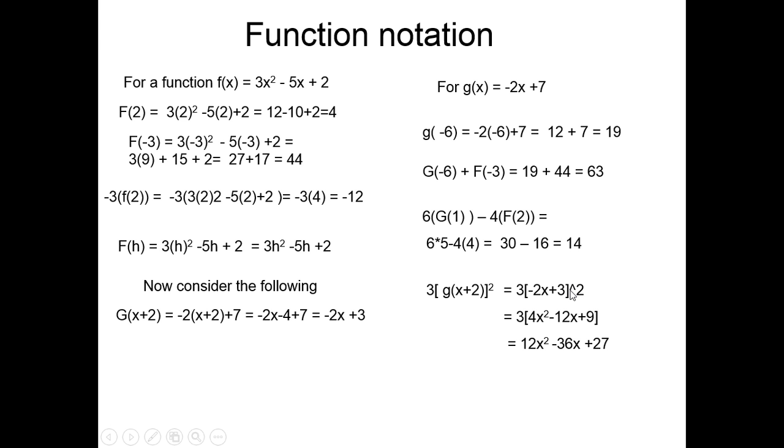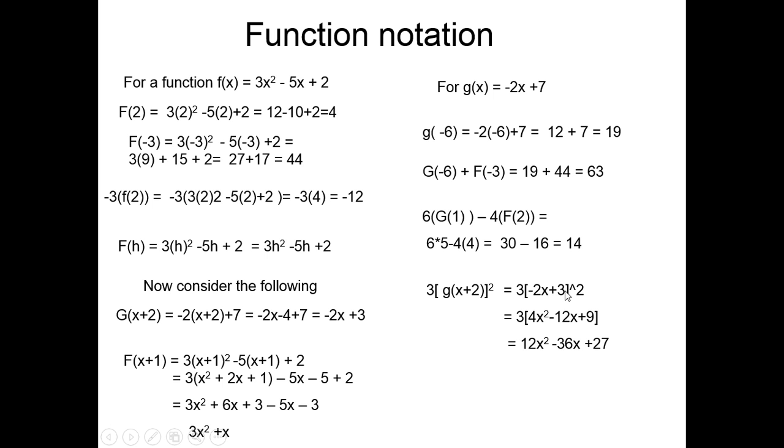That's meaning negative 2x plus 3 squared. Don't forget your order of operations, calling for doing the exponents before multiplying. So square that all out, which is 4x squared minus 12x plus 9, and then triple it. And there's your end result. So 3 times g of x plus 2 quantity squared is this trinomial expression right here.